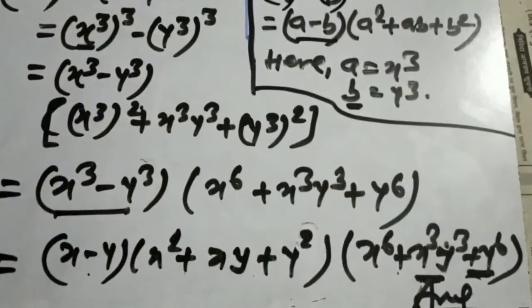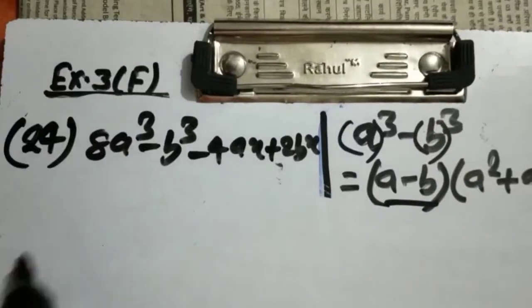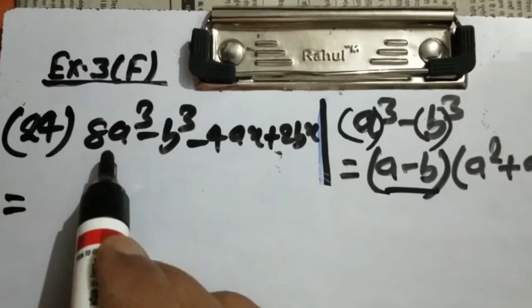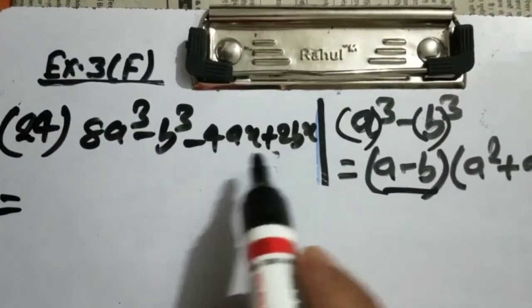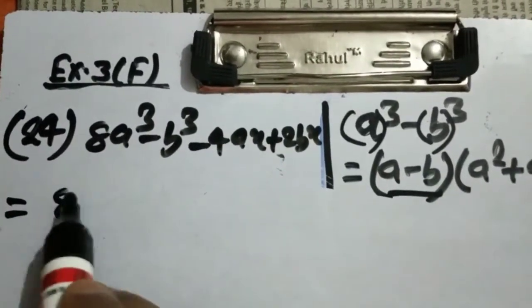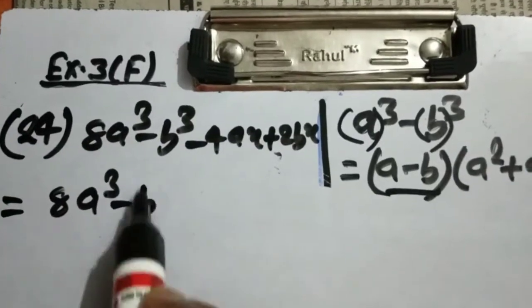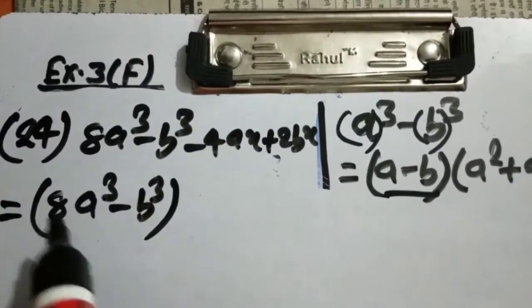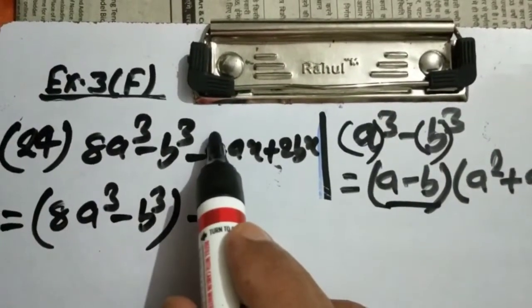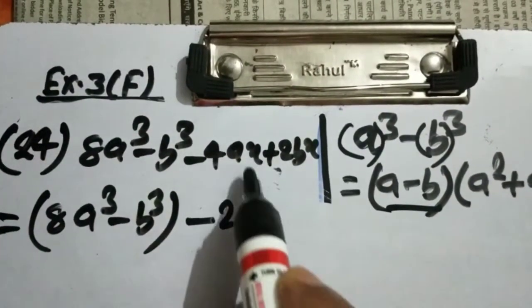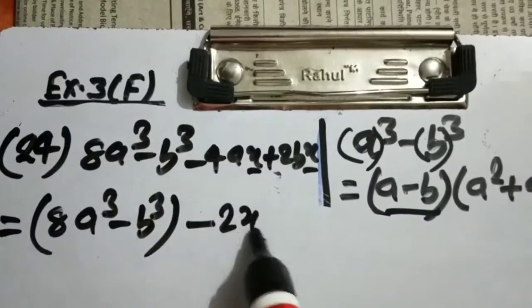Okay, let us see question number 24. It is given that you have to factorize 8a cube minus b cube minus 4ax plus 2bx. So 8a cube minus b cube will be together, and in these two you can see 4 is here and 2 is here, so 2 is common, and x is also common.